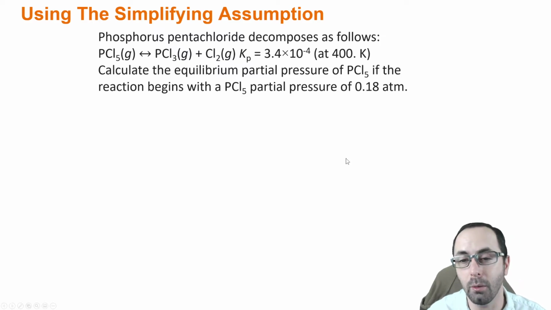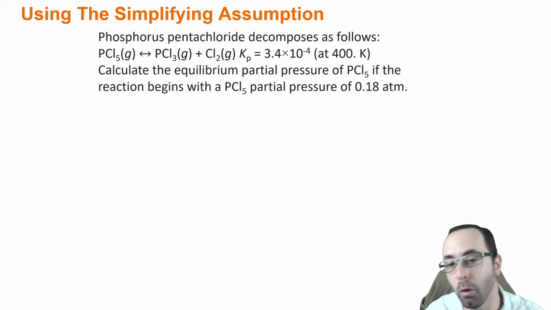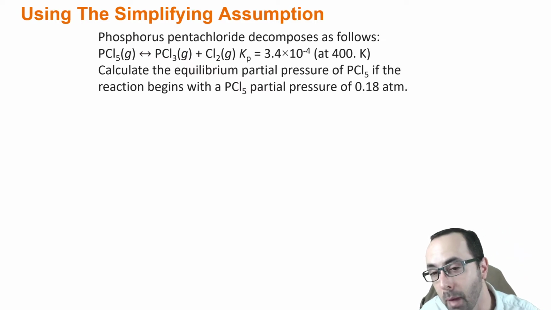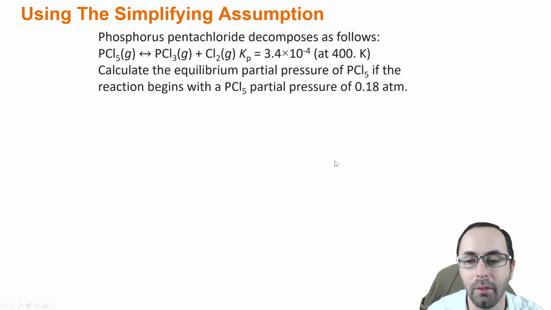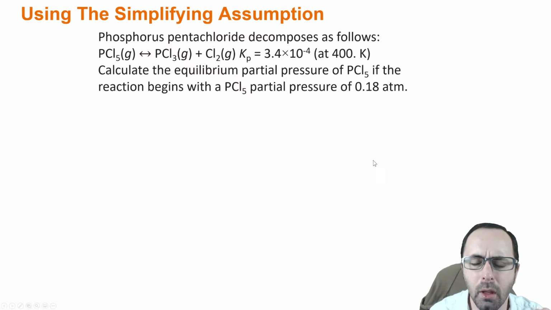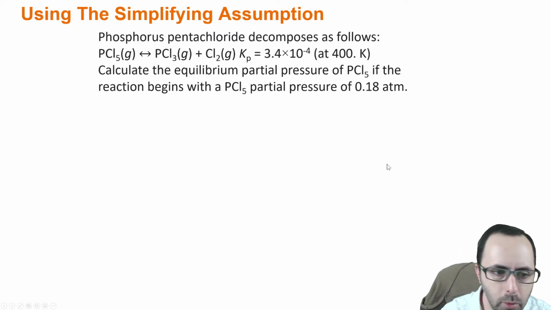Another little trick that we use to make our calculations easier and faster, instead of having to convert to moles using the ideal gas law, then convert back from moles to atmospheres. It's a lot of work, so we'd rather not do that. These problems are enough work as it is. Okay, so first thing we're going to do here is set up our ice table.